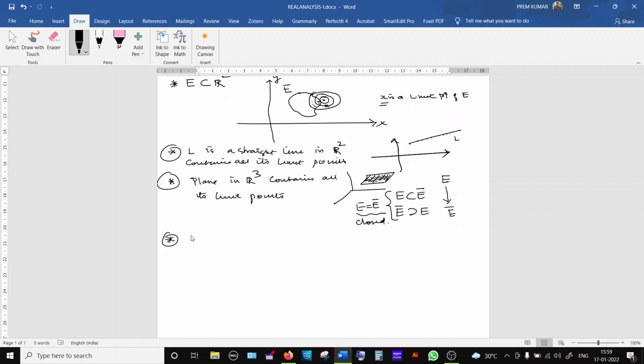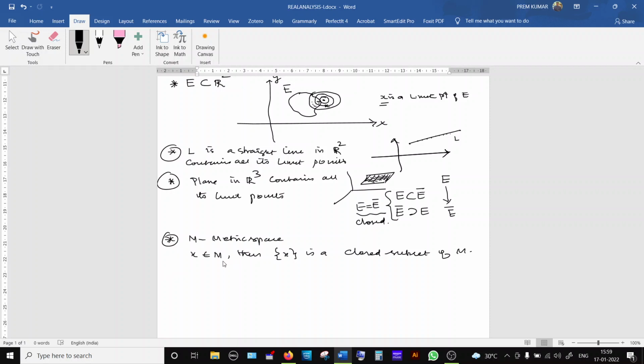Suppose you consider a metric space M, with some metric defined on it, and suppose x is an element of M. Then for any metric space we say that {x} is a closed subset of M. Why is it closed?